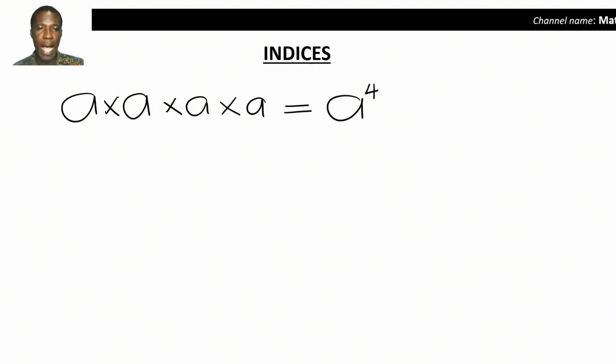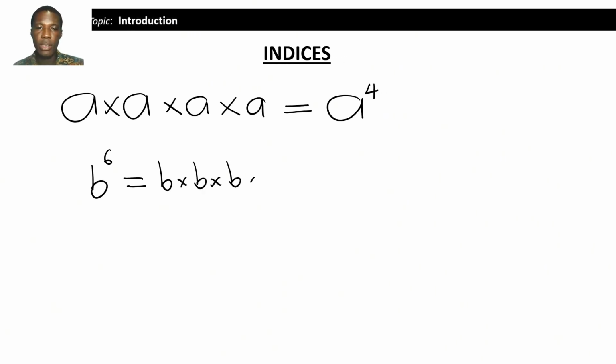And so if I have b to the power 6, what this means is that I have b multiplying another b, multiplying another b, up to 6 times of b multiplying itself.